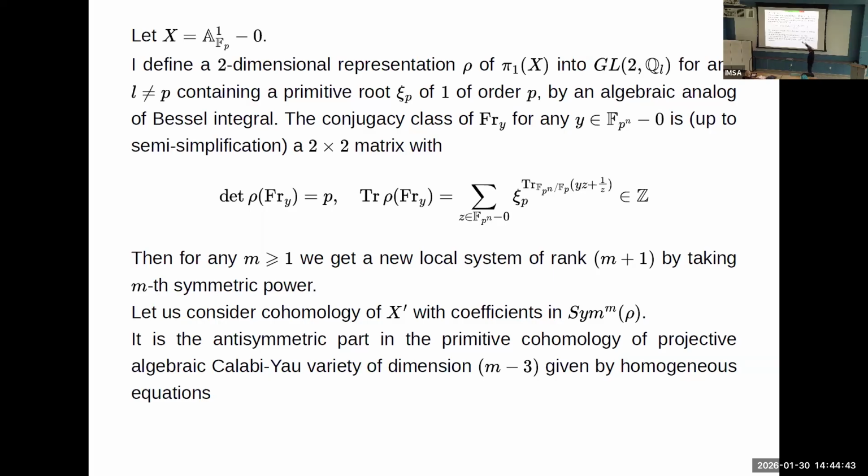You consider elements non-equal to 0, because we want to put 1 over z somewhere. And here it's an analog of the exponent. I get an element of a finite field. I want to get some number, take the exponent of it. What to do? I take a trace in the field extension to Fp, get a residue mod p, consider the p-th root of 1, let's say in complex numbers.